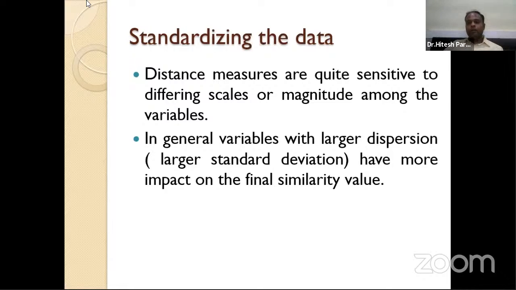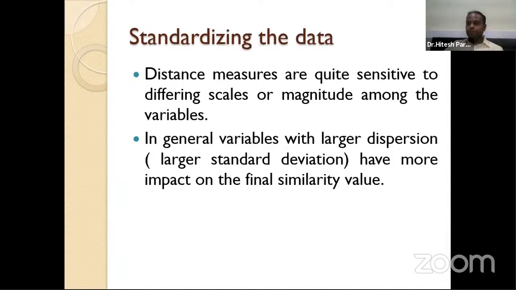There is a question: for continuous variables, correlation will be appropriate, and magnitude not? In cluster analysis, always our first choice should be distance measures, right?